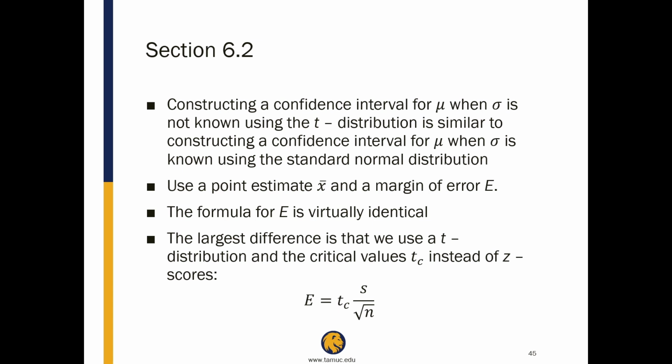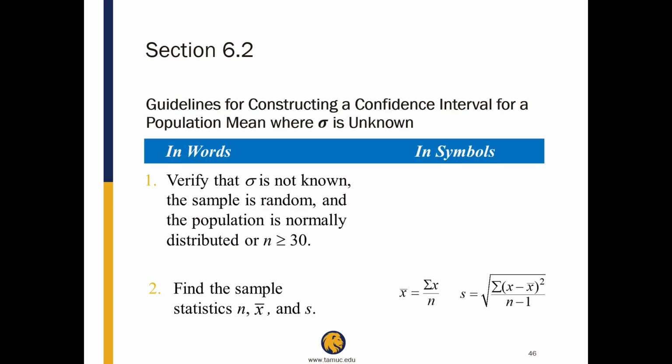The largest difference is that we're using a t-distribution and the critical values t sub c instead of the z-scores. So it's margin of error equal to t sub c multiplied by s over the square root of n. You might also note that we're using s instead of sigma to denote the sample standard deviation versus the unknown population standard deviation sigma.